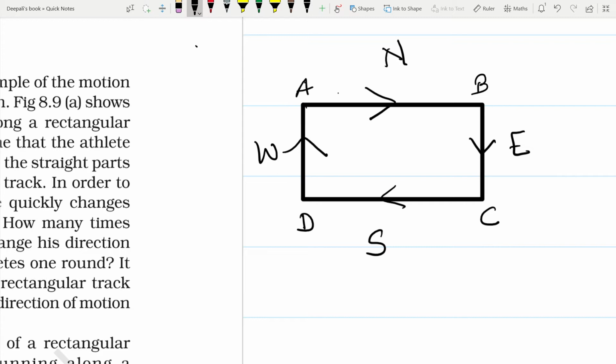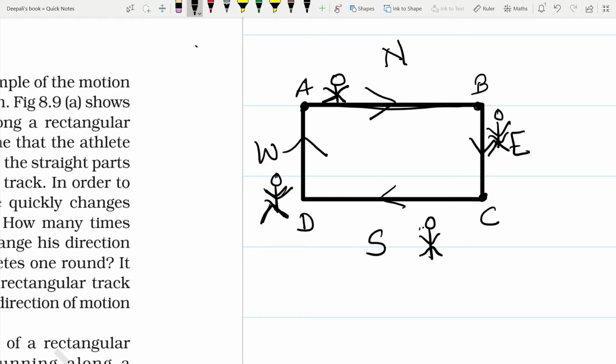Now what happens when the person is moving along this path? When he reaches B, he has to change his direction and start moving towards the south direction. Then he moves towards the west direction and then towards the north direction. So you can see the object is changing its direction constantly, but the speed with which the athlete is running is constant. This shows that he changed direction at the four corners of the rectangle.